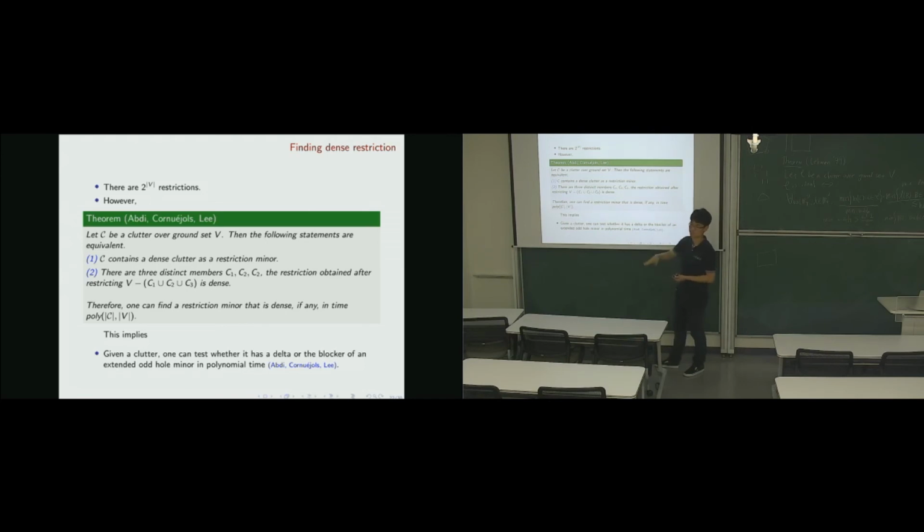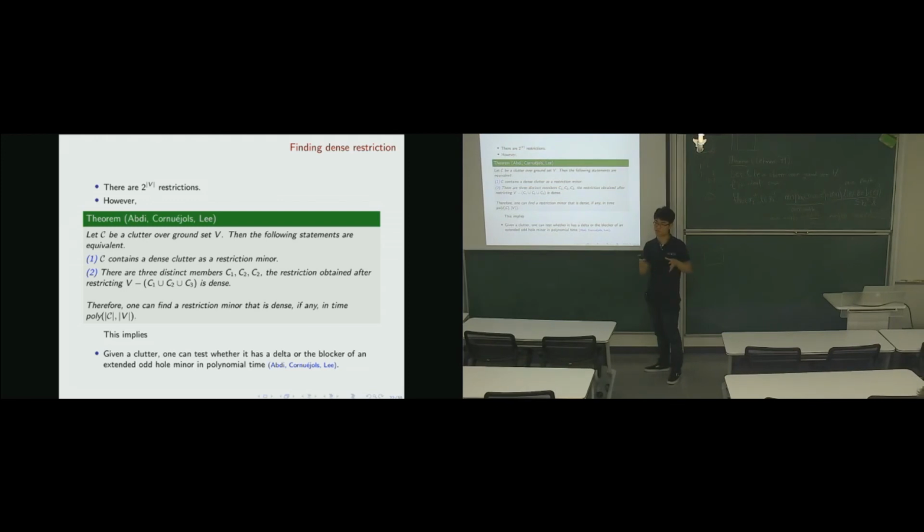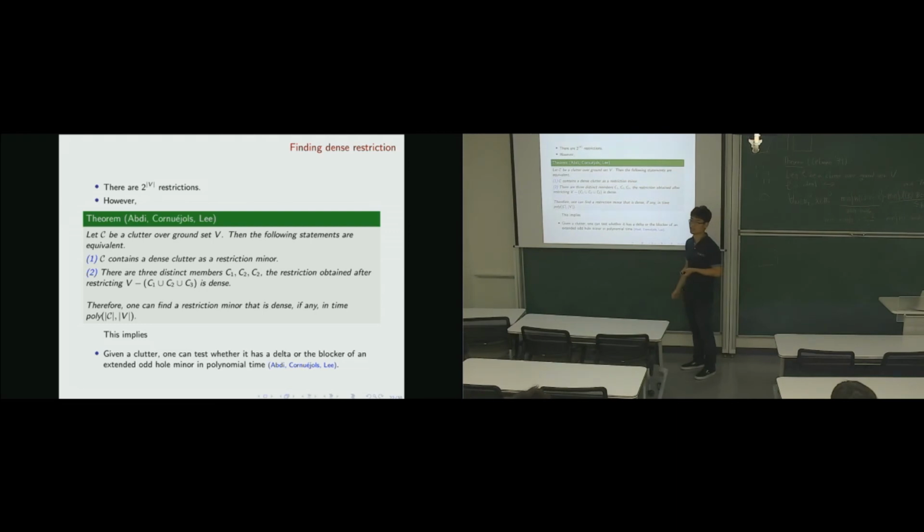So if the number of members is m, you just need to go through m cubed time. And then taking restrictions and finding delta. I mean, if you give me a clutter, you just need to run an LP to check density. Then the complexity of the LP algorithm is also appended for these m cubed triples. But that's basically it.